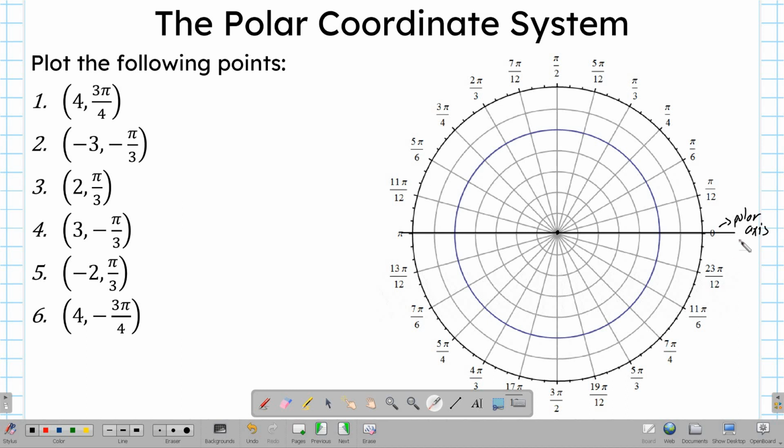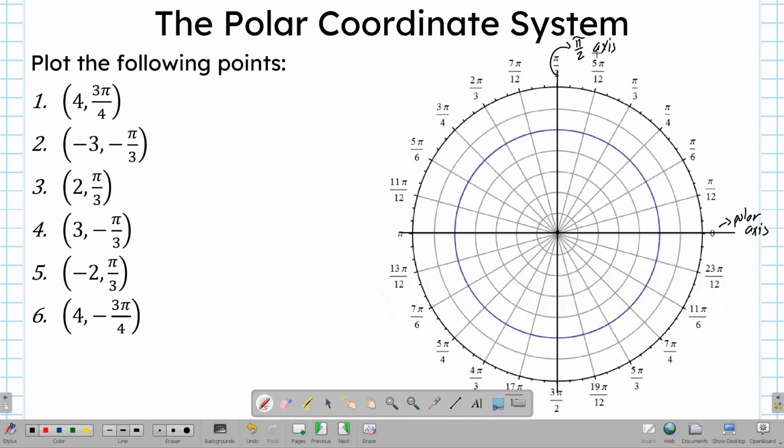So this is the polar axis. Another line that is usually helpful for us is the y-axis of the Cartesian plane. The y-axis is here, although it's not called the y-axis. It's usually called the line pi over 2, or the pi over 2 axis.